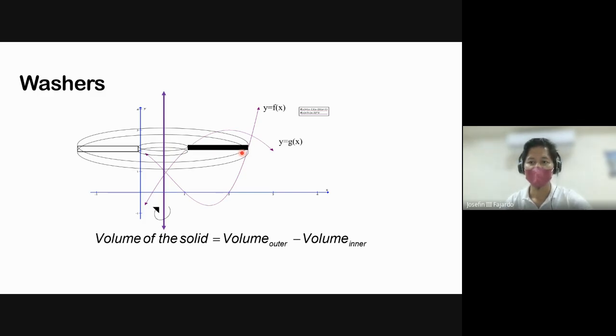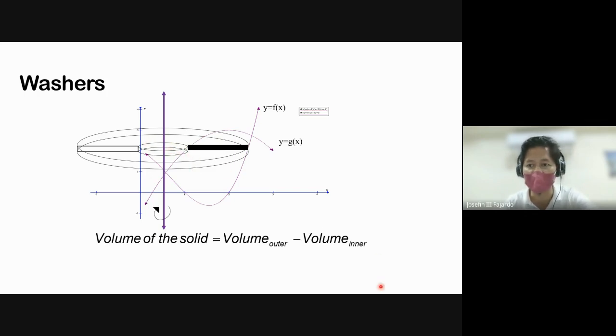Okay? So, in this case, ang mangyayari dito, ang radius that we will be using to find the volume, kailangan natin kunin muna yung volume ng malaki, subtract natin yung volume ng maliit.